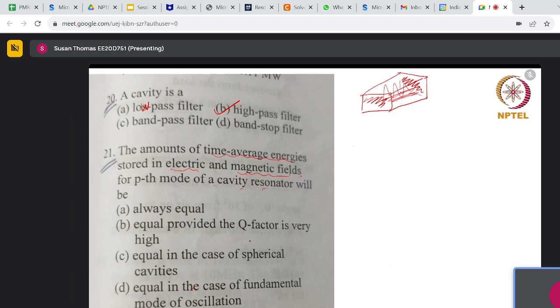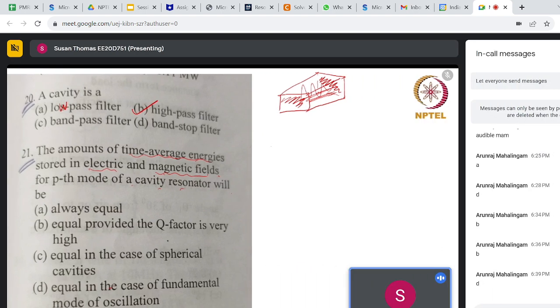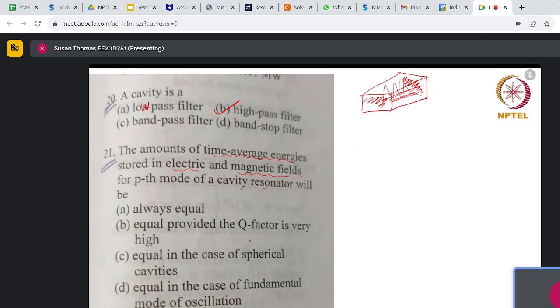There is no harm in choosing among A, B, C or D. Yes, Arun Raj, as you said rightly, these energies are equal in case of the fundamental mode of oscillation.